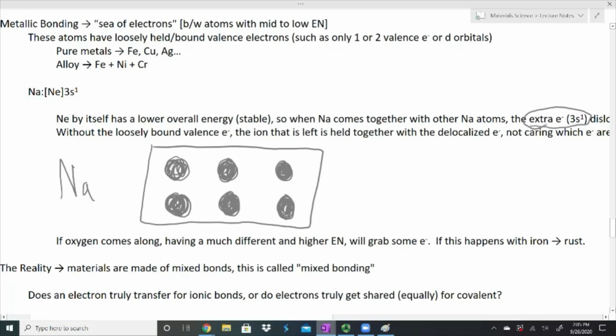And so if I have 6 atoms in here, that means I need to have 6 electrons, 1 for each of those. The idea here is because they're so loosely bound, they don't necessarily care which extra electron they have, as long as there is an extra electron nearby. They're perfectly happy having whatever nearby electron that is.